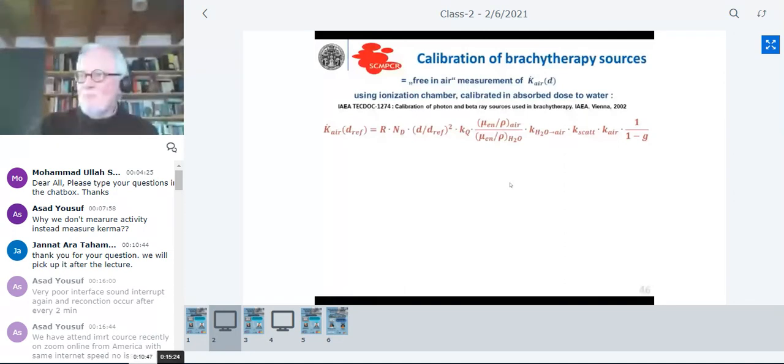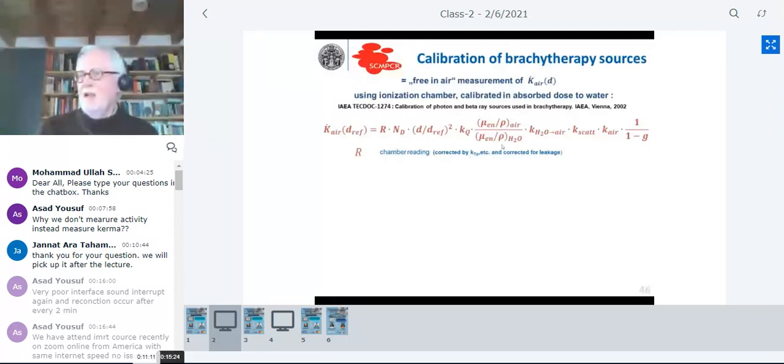To measure the air kerma rate, you use an ionization chamber, so you need a formalism that is actually the same one that you know from TRS 483. And this here shows you the equation that you would be using. I won't go through all these numbers here. I'll go through a very similar equation to calculate the dose.